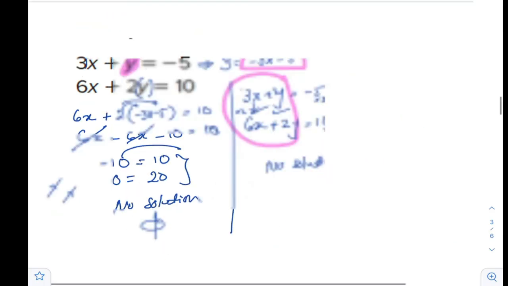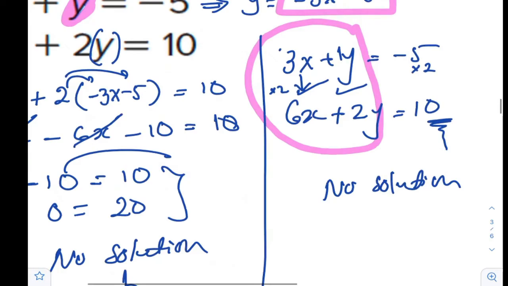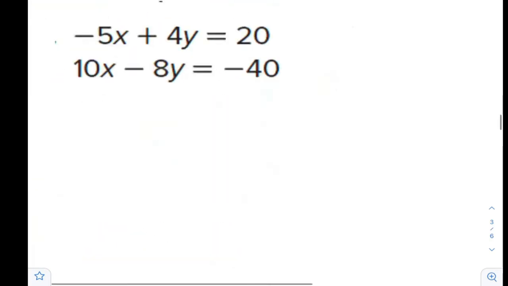If from the beginning one of the sides is not a multiple of the other, then there will be one solution definitely. Let's use the same approach here and check our understanding. To reach from negative 5 to 10, you need to multiply by negative 2. So if you multiply equation 1 by negative 2, this is 10, right?